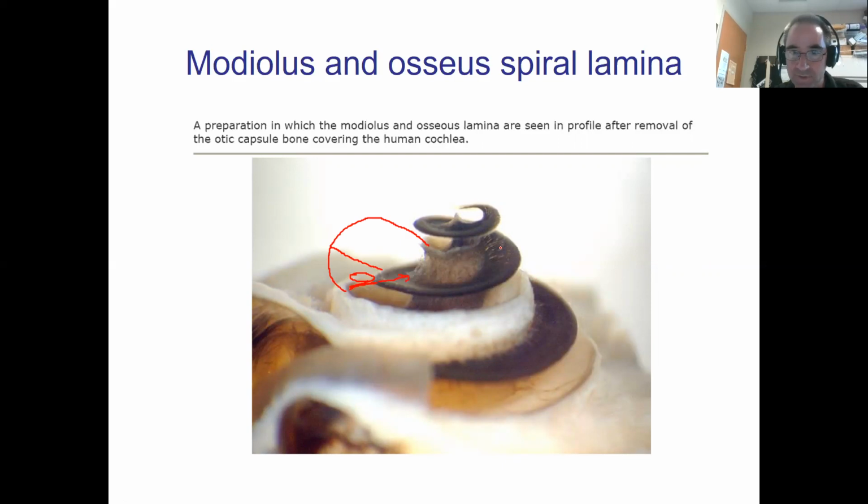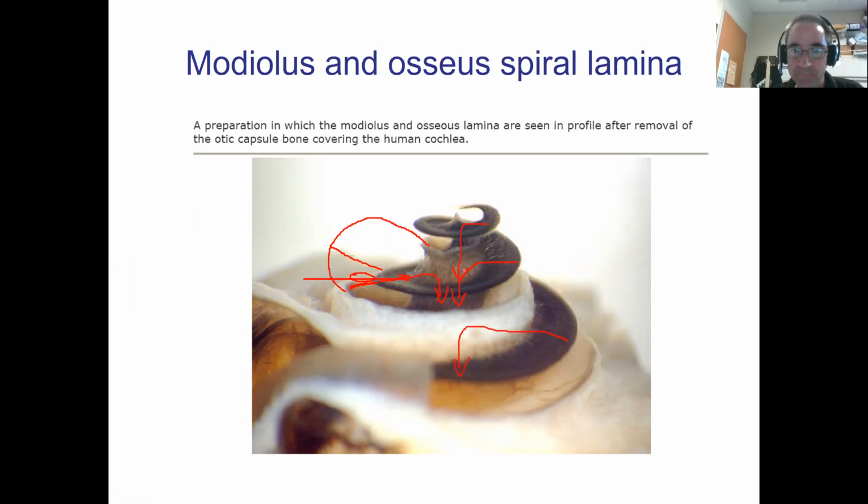So we get a really good view of the spiral shape of the osseous spiral lamina, and these brown things again are stained nerve fibers, and what happens to them is they're heading in this direction, and then they all dive in to the middle. So from over here, and up here they dive in, and down there they dive in.